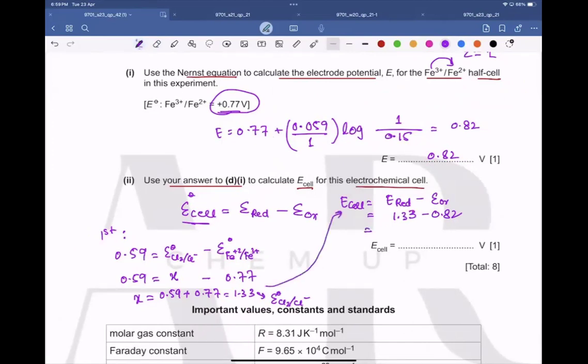After this, we are going to use the expression again, and now we use the electrode potential of chlorine and the non-standard condition half cell value of iron as well. Can anyone tell me the answer? It was 1.36. Are you sure?